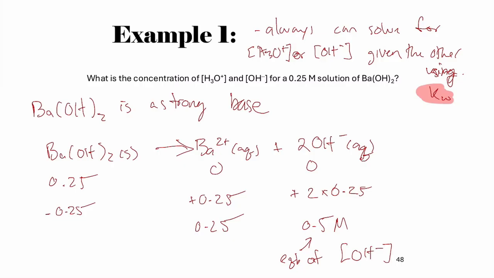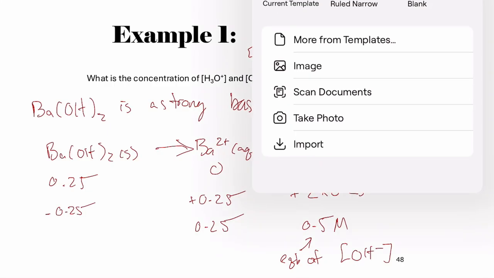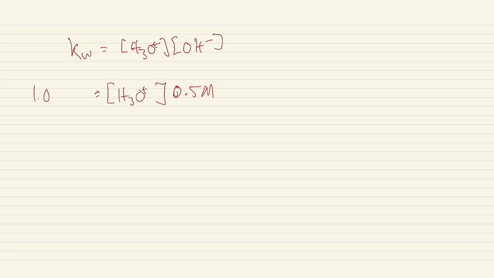So we use KW, or the alarm's going to go off here shortly, so I'm going to get you guys ready for that. So we have KW is equal to H3O plus times OH minus. This is 0.5 molar OH minus, and KW is always 1.0 times 10 to the minus 14. So we get H3O plus is equal to 1.0 times 10 to the minus 14 over 0.5.